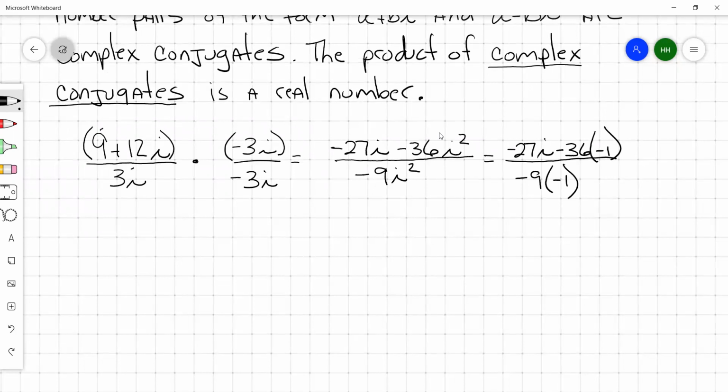We got 9 times negative 3i was the negative 27i. And then the 12i times the negative 3i was the negative 36i squared.